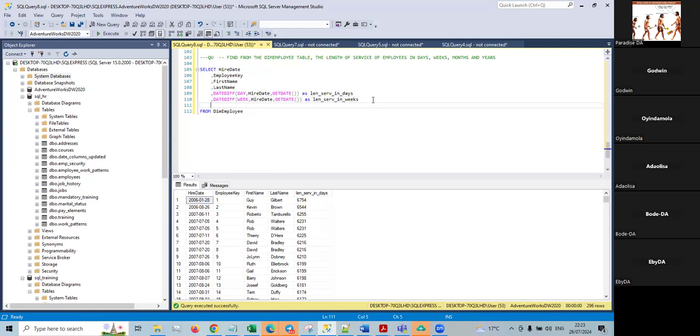And if we want it in months, it's the same thing. Change this to month, and this in months. So you see that with these things, once you get the first one, every other thing follows.